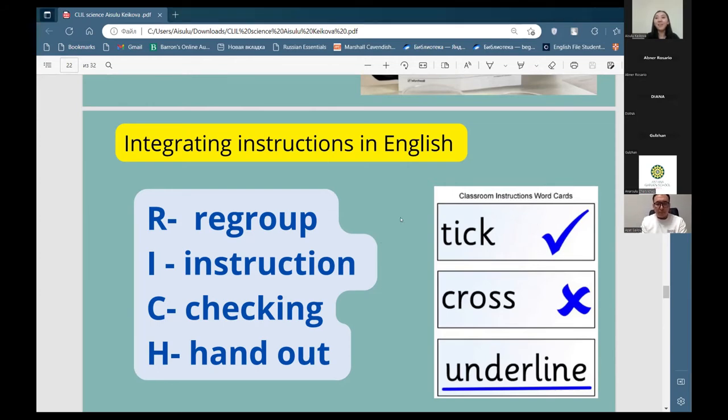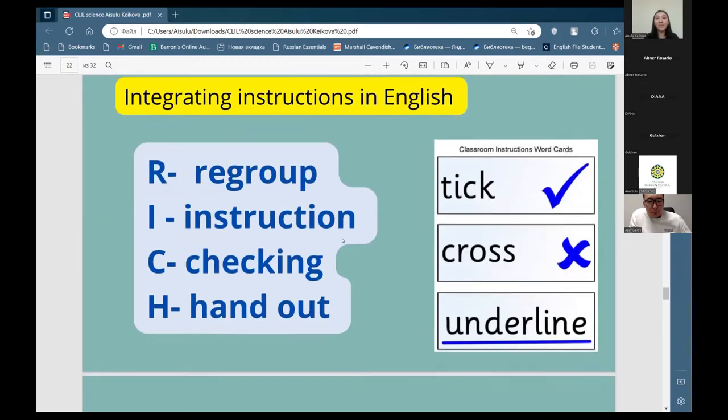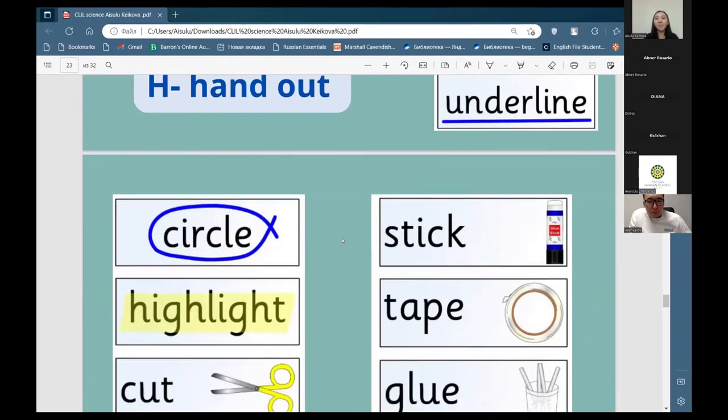Maybe hang a poster in each classroom, so I can point to what this instruction is about and pronounce it. So tick or cross. And it will always be in front of them, so they can remember easily.